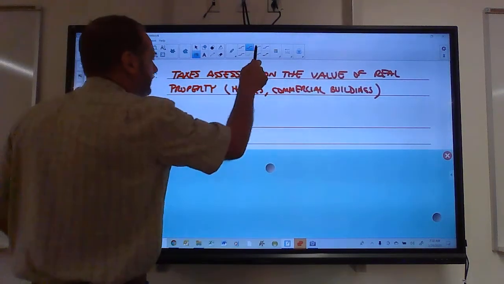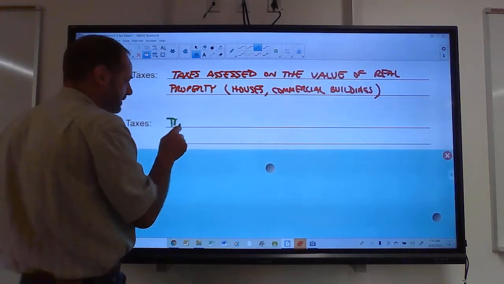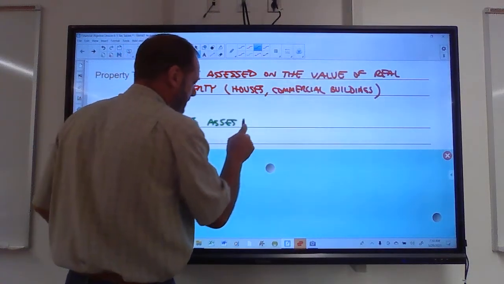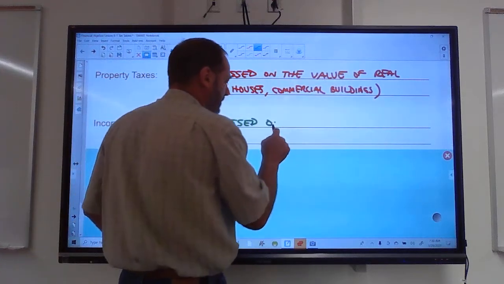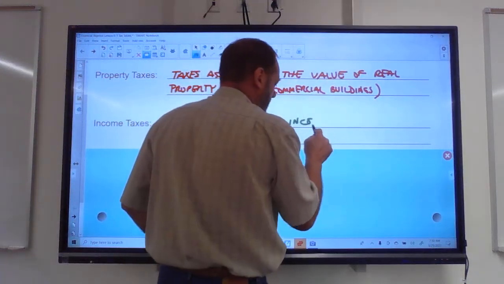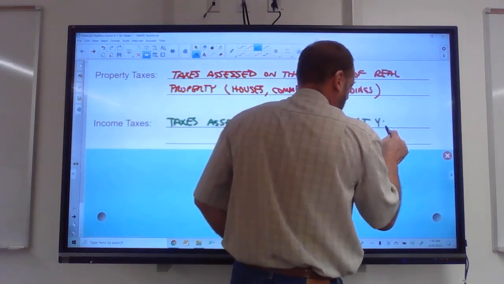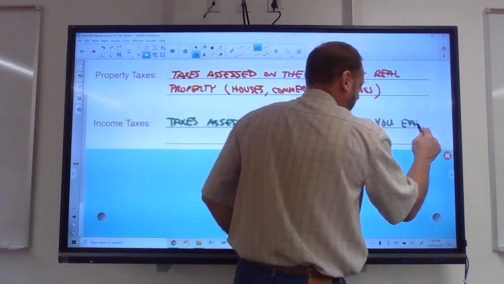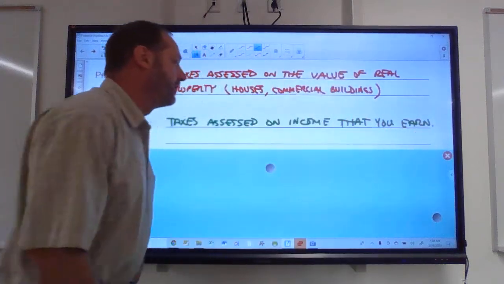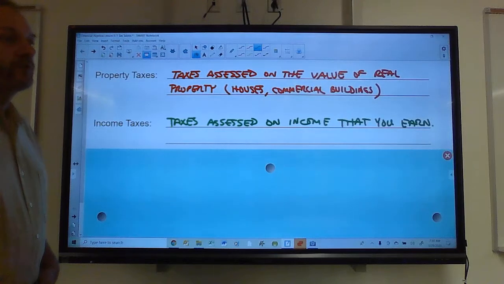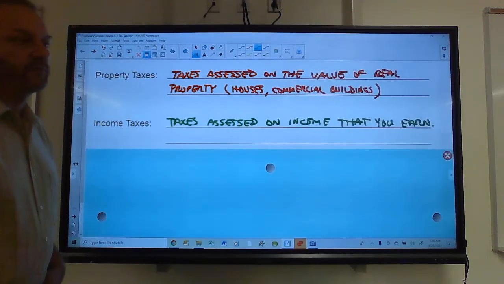Okay, income taxes are just that. Taxes assessed on income that you earn. Now, there's different kinds of income that are taxed differently. And we have what's called a progressive tax system.